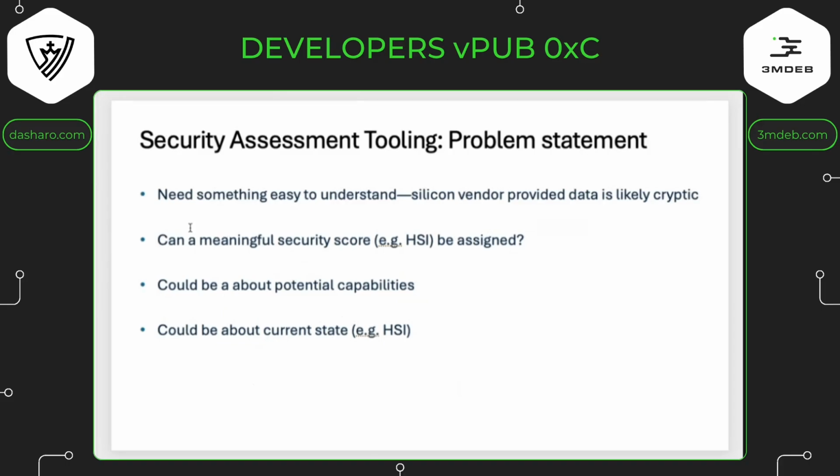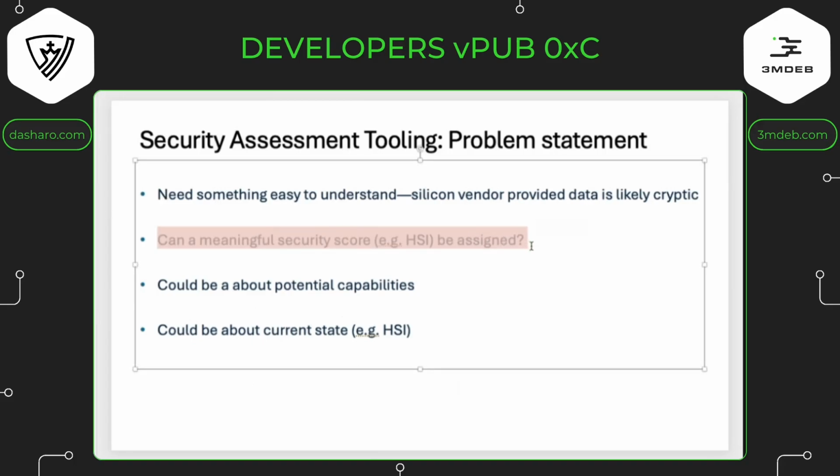A few other points under the problem statement. We want something easy to understand. If it's complicated jargon that maybe comes from a silicon vendor, it could be difficult or cryptic. One open question is, can you assign a meaningful score? One discussion question, maybe at the end here, I would like people's thoughts on the HSI scoring.